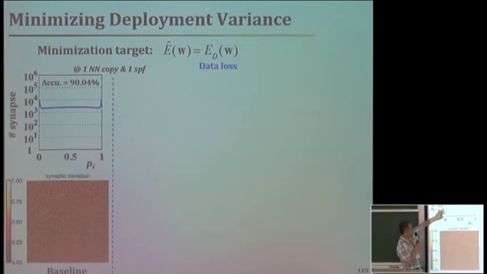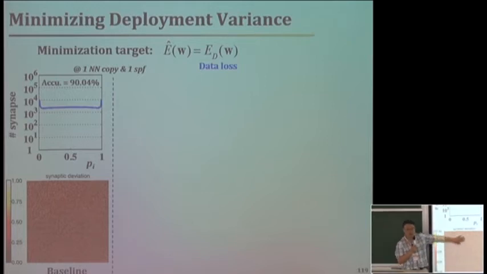Like I show here, the deviation between the training weight and the represented weight on the tuners will be like this. The brighter color means the larger deviation, the dark color means the smaller one. Because a lot of the weights are not perfectly represented at the integer weight on the tuners, right?